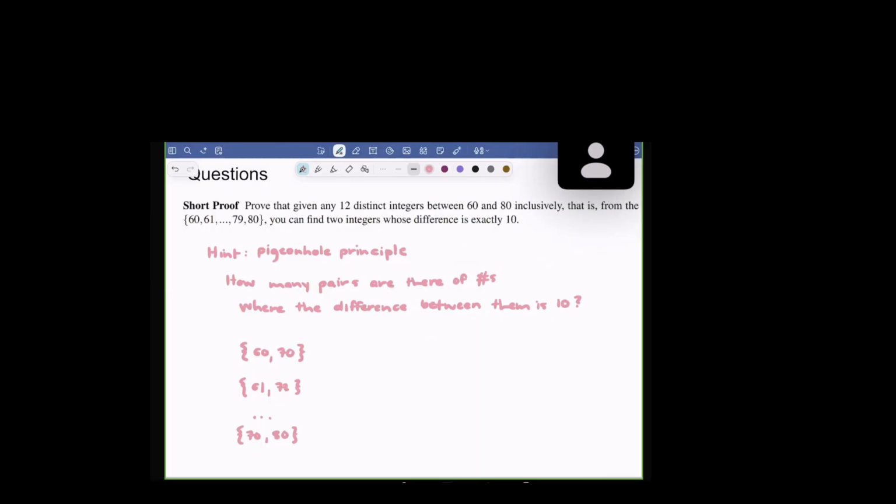And because you are given 12 distinct integers, due to the pigeonhole principle, there must exist a pair where both elements are chosen. Because if you only had 11 distinct integers, you could put one integer in each pair, and there wouldn't be a pair of integers whose difference is exactly 10. But because you're given 12 distinct integers, one of these pairs must exist. You don't know which one, but you know that one must exist. Does that make sense?